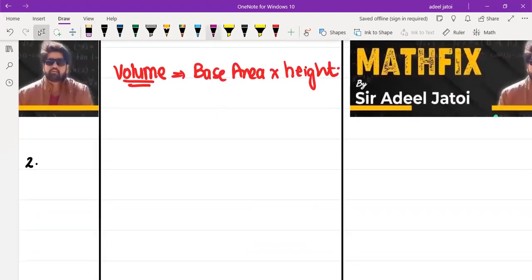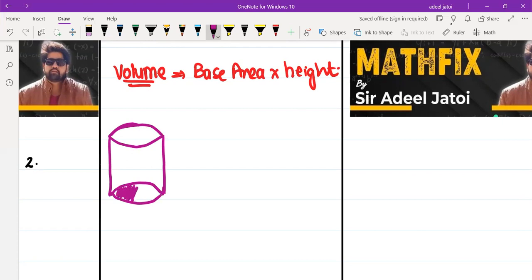Now looking at the cylinder, what you need to understand is that there is a circle, there is a circle as well, and there are two lines joining the circle. So your base is of circle. So your base area of the circle is what? Pi r square.